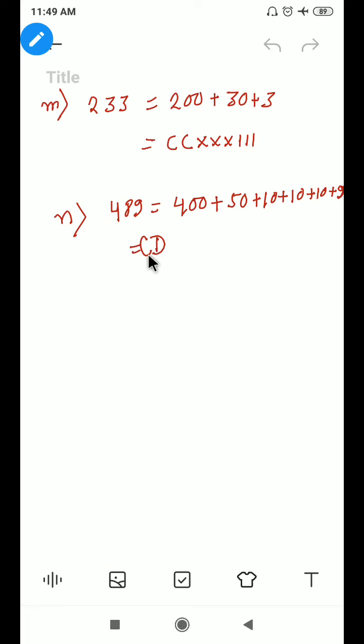That means 500 minus 100. This will be 400. And 50 is denoted by L. And 10 is given three times, so XXX happens here, and here is 9, so IX.